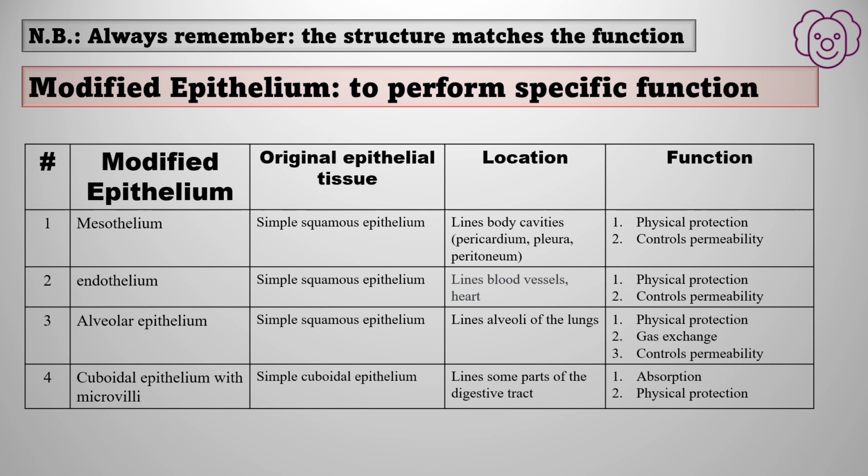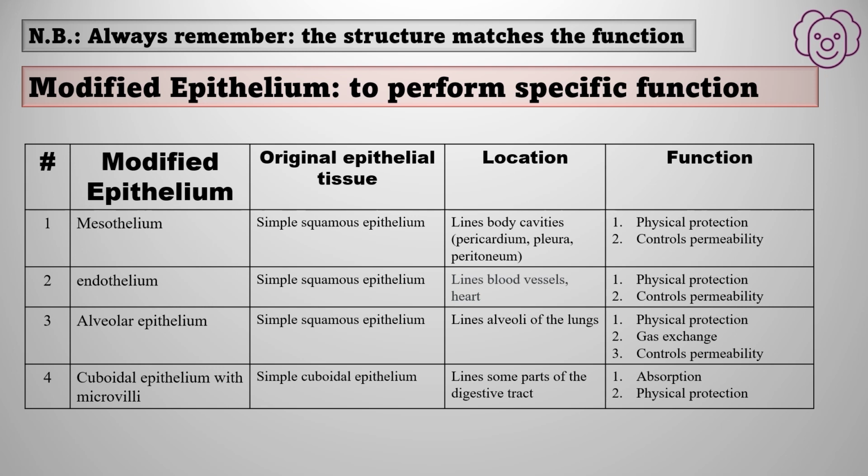The third one is alveolar epithelium. It originates from simple squamous epithelium and has all the characteristics of simple squamous epithelium. The only difference is that it lines the alveoli of the lungs.